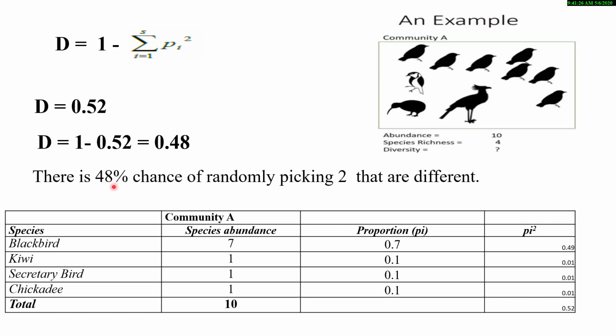This means that there's a 48% chance of randomly picking 2 that are different. It means that there's a 48% chance that any 2 species randomly picked from this plot will be different.